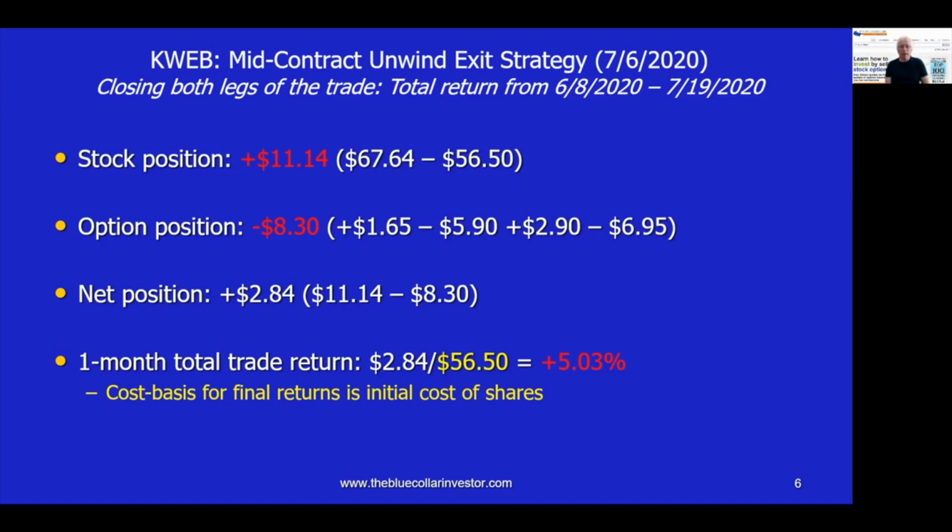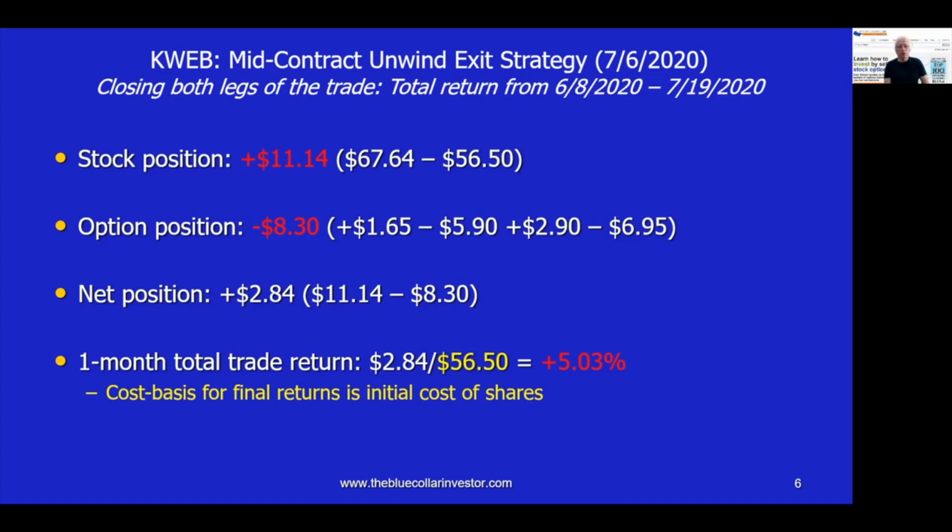So let's figure this all out. We bought the stock at 56.50. We sold it at 67.64. That means our net credit on the stock side of the trade is $11.14 per share. Now, on the option side, where there was a whole lot of action going on here, it's actually minus 830.